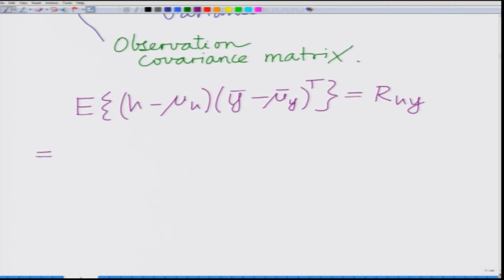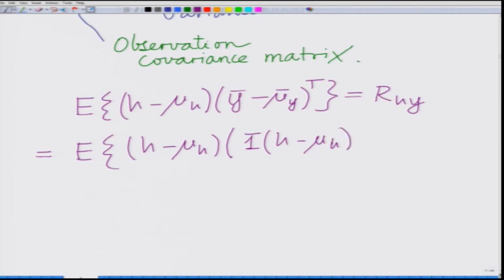Now, we have h minus mu h, and y bar minus mu bar y. Remember, y bar minus mu bar y is 1 bar into (h minus mu h) plus v bar.